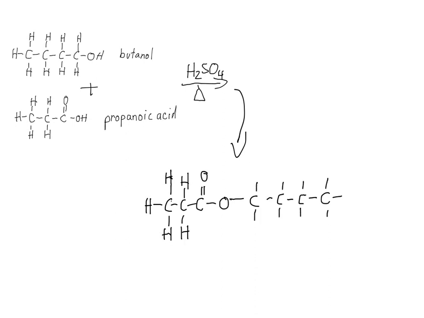Can everyone see what I've done there? I've swapped the butanol around, and I've lost 2 hydrogens and 1 oxygen, better known as H2O. You must show your other products.